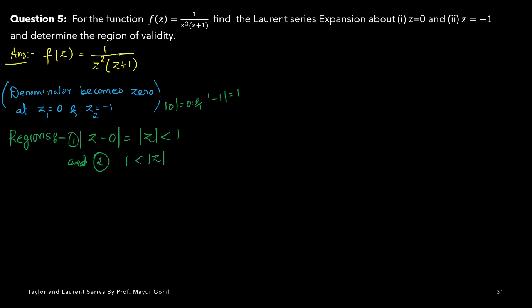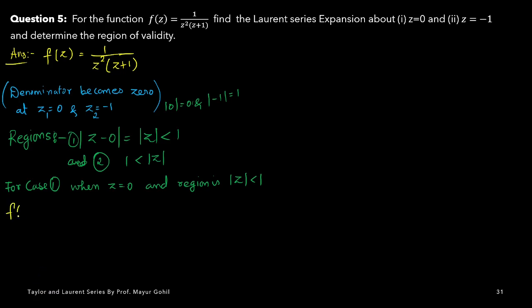Now let us see how to solve this. For case 1, when the center is z equal to 0 and the region is mod z less than 1, let us see how to handle this kind of question.